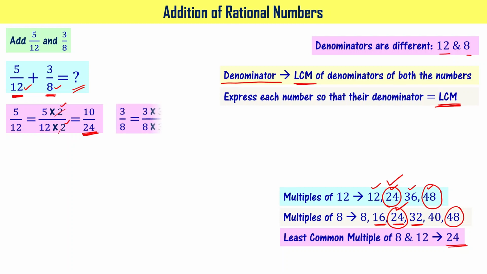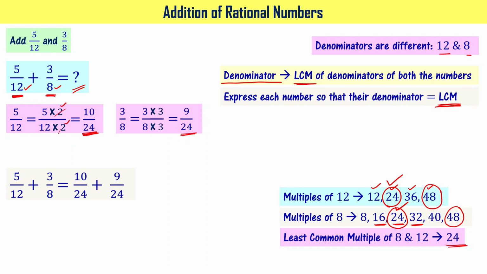Similarly, 3 by 8 can be expressed as 3 times 3 divided by 8 times 3, that is equal to 9 by 24. You see, now you have two numbers, both having 24 as the common denominator, right? So 5 by 12 plus 3 by 8 can be written as 10 by 24 plus 9 by 24, right?